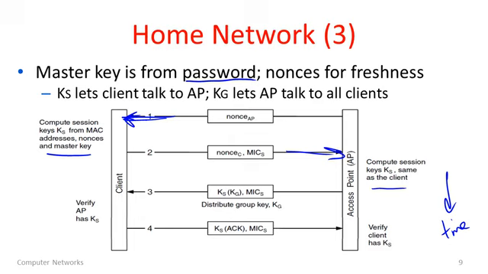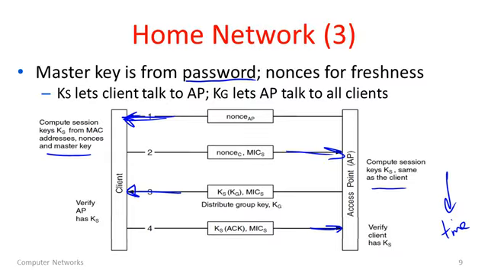Now, once they've both computed this session key, they're in business as soon as they prove to the other side that they hold the session key. The AP distributes to the client the group access key, the group key, which is used to read broadcasts from the AP. If the client can get this message in the right format, then it knows that the AP has the same session key, and the client knows it's a real AP it's talking to.